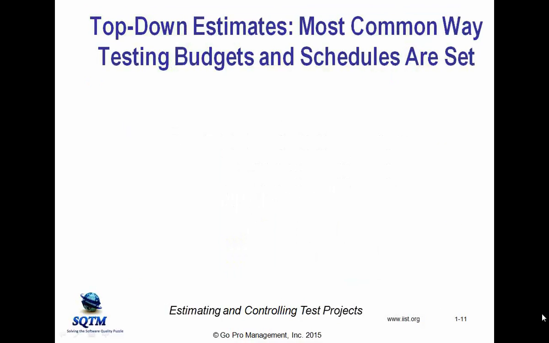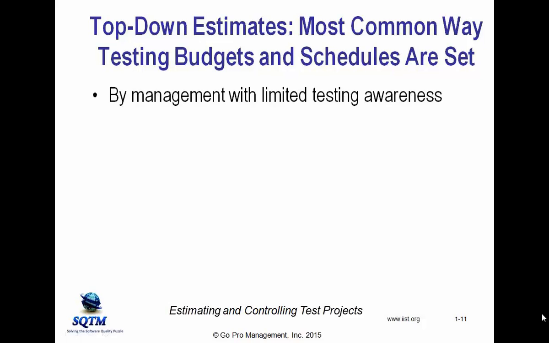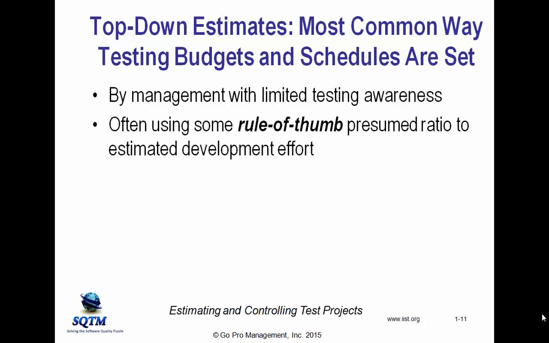But top-down estimates are probably the most common way that budgets and schedules for testing are set. Okay? And they're usually set by somebody who doesn't have a whole lot of awareness of testing. Okay? Call them management, call them project managers.